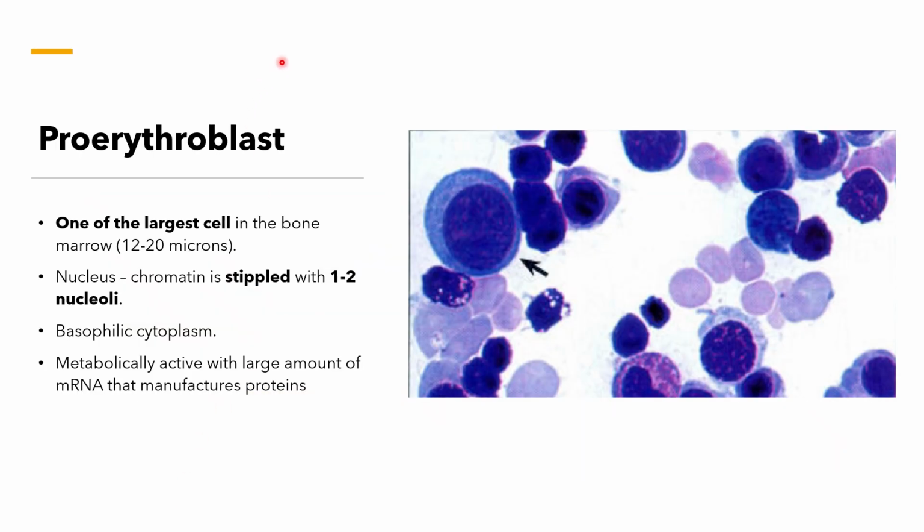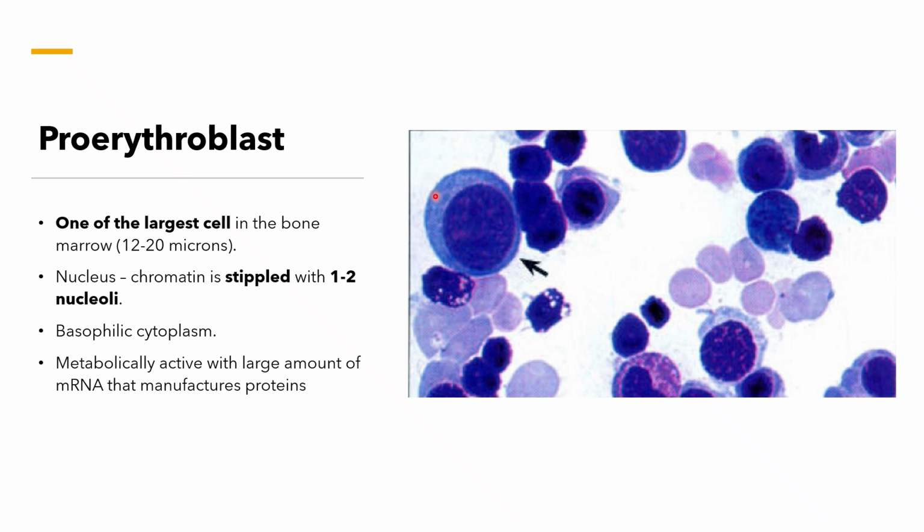Talking about the first stage of the erythroid series, it's the proerythroblast. It is one of the largest cells seen, and it ranges from 12 to 20 microns. As you can see in this image of a bone marrow aspirate, this is by far the largest cell that you can visualize. You can see the nucleus, which has a stippled nuclear chromatin, and there are one to two nucleoli that are barely visible.